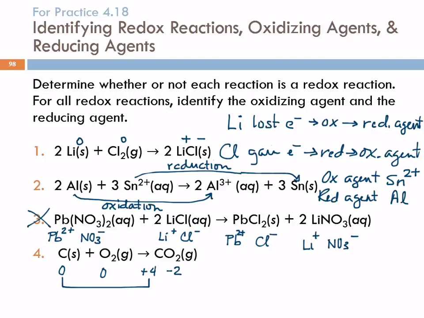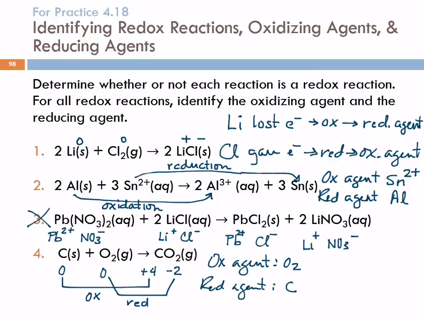Oxidation or reduction? Oxidation. And the oxygen goes from 0 to -2. Reduction. So my oxidizing agent is which one? The oxygen. And the reducing agent is the carbon.